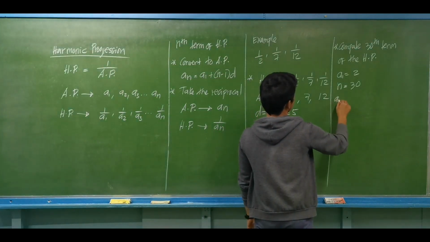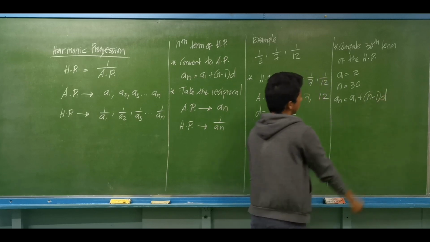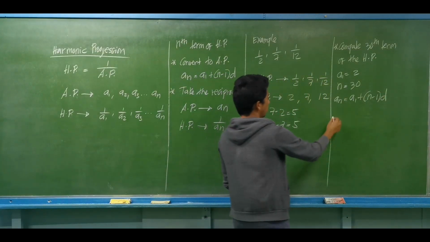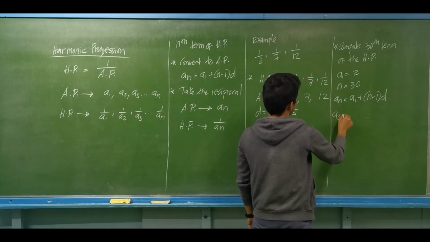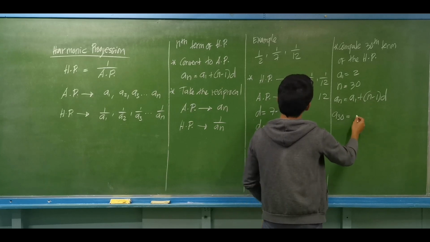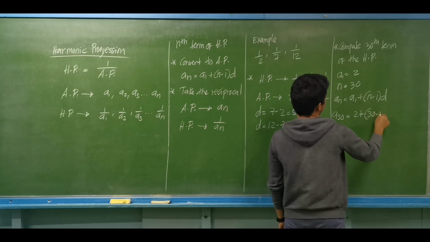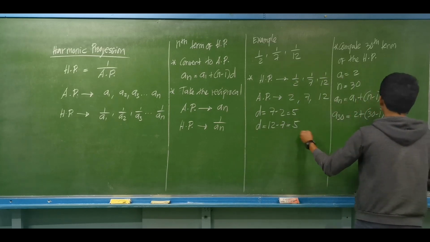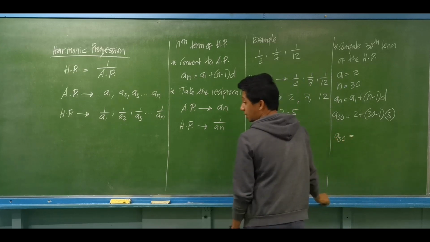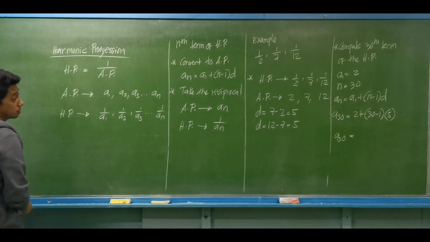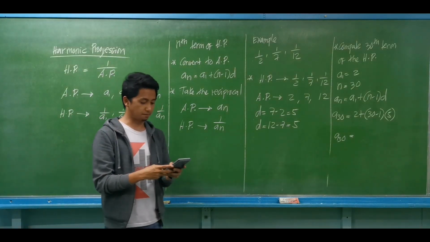We have the equation a sub n is equal to the first term plus the number of terms minus 1 multiplied by the common difference. We are looking for the 30th term. a sub 30 is equal to a sub 1, our first term under arithmetic progression, which is 2, plus 30 minus 1, multiplied by our common difference, which is 5.